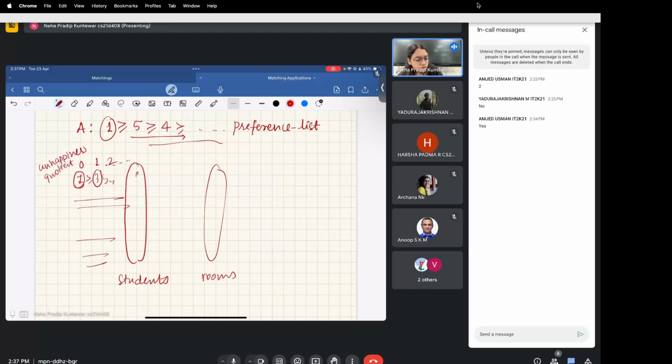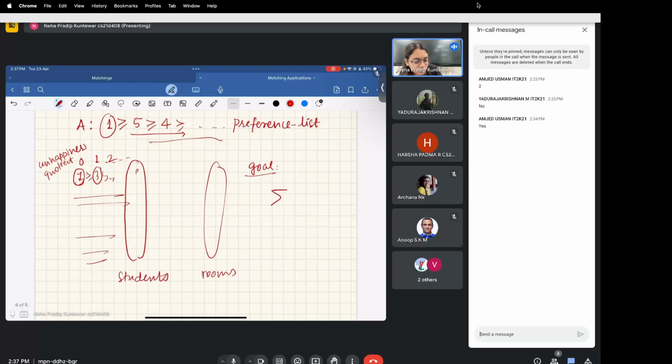And what is the goal? Anybody, what is the goal that we would want the matching to achieve? Yeah, so we want to minimize the sum of, let's say u of x denotes the unhappiness of student x, then we want to minimize the total unhappiness.